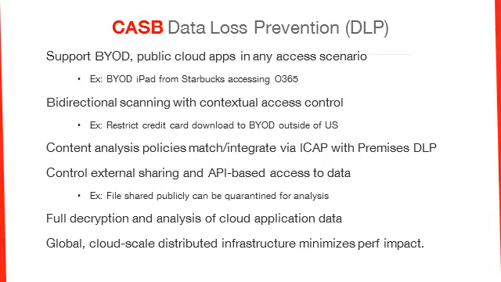A CASB also enables you to do bidirectional scanning with contextual access control, right? This is important in that, just as in a traditional on-premise application, you want to be able to scan all those files and understand what you have on the network, understand what data is being stored in your application, and which of that data is the most sensitive. What do you want to limit access to?